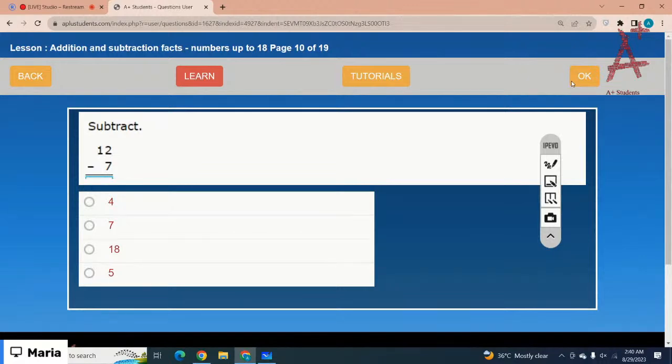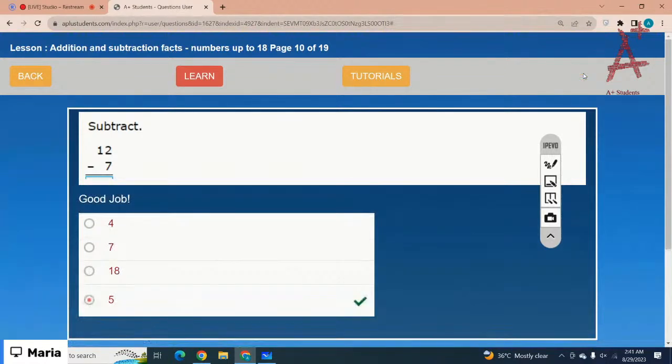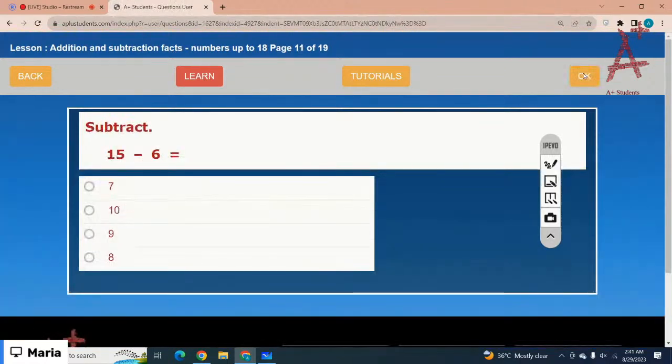12 take away 7. So which is the correct option? 12 take away 7 is 5. The correct option is 5. The next one is 15 take away 6.